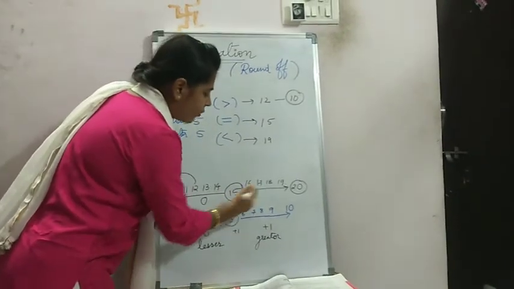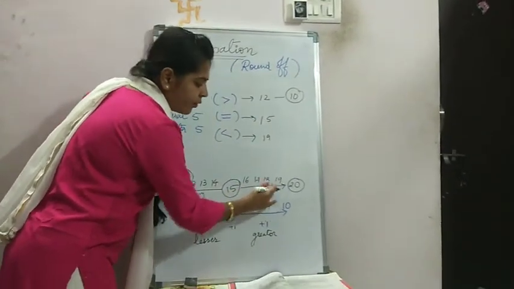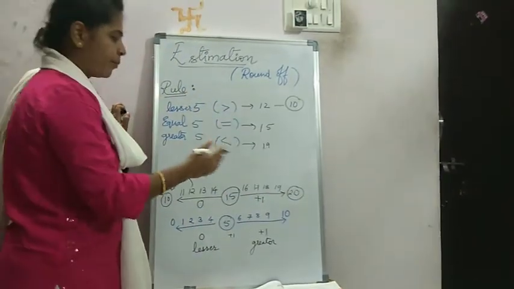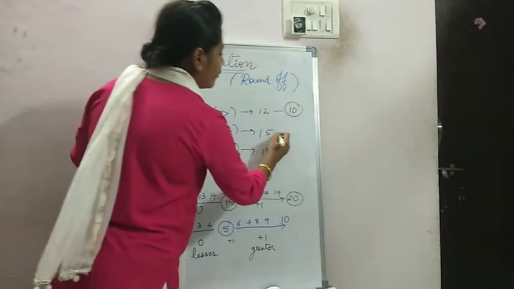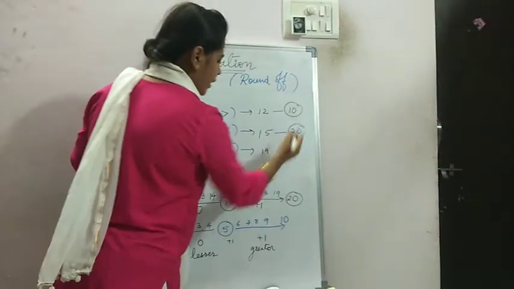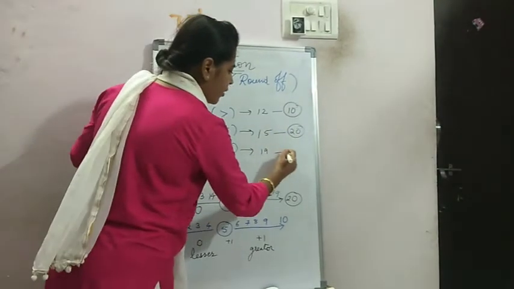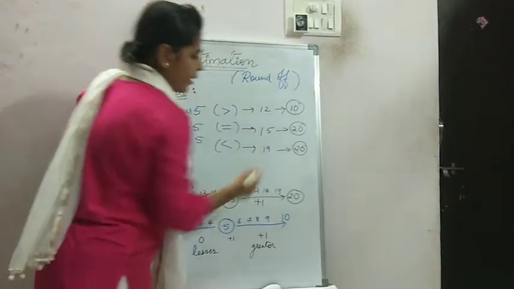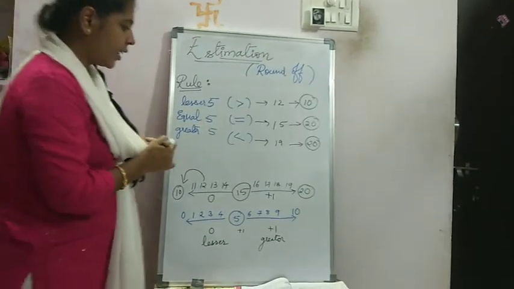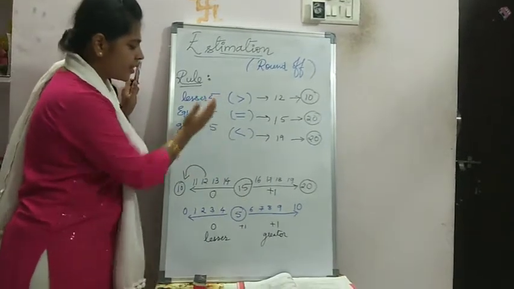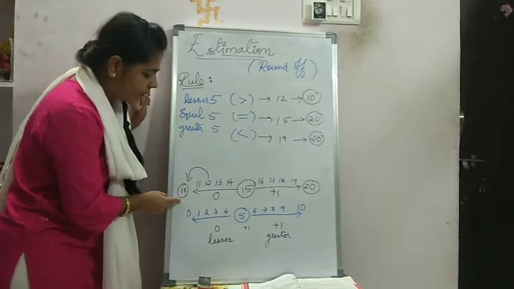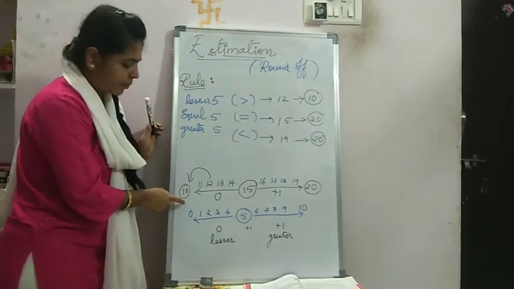So next, if it is 15 or more than 15, it will be taken as plus 1, further to the next step. So 15 will be taken as 20, and I have taken 19 as an example here, so 19 will be rounded up to 20. When it is less than the middle number 15, it will be rounded to the starting number, 10.